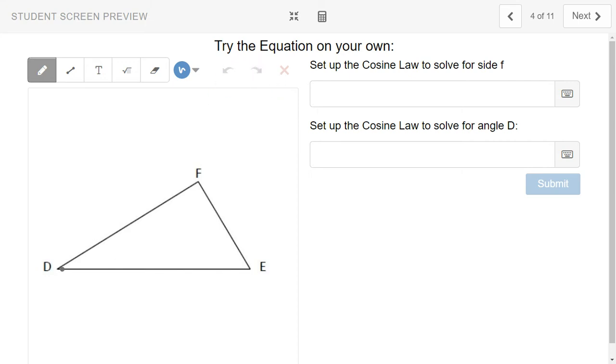Okay, we have triangle here, D, E and F. If I am trying to solve for side F, I would need to start with F and end with F. I'm going to put the general equation for the cosine law here.